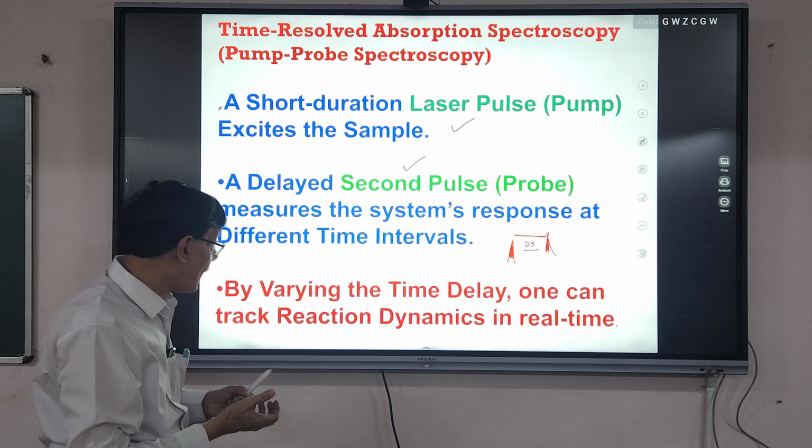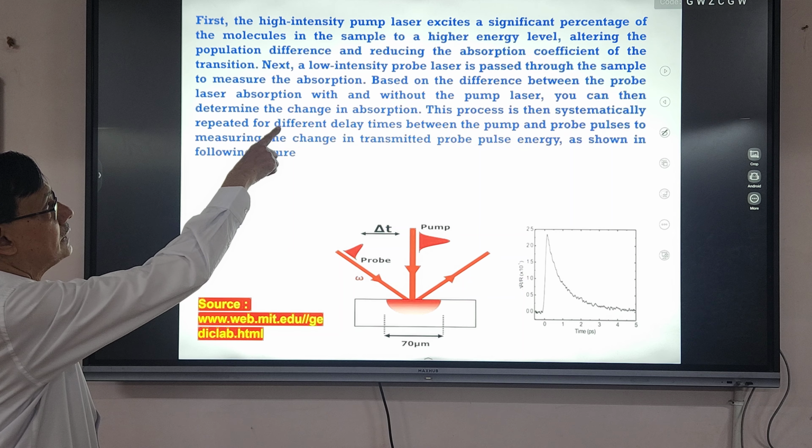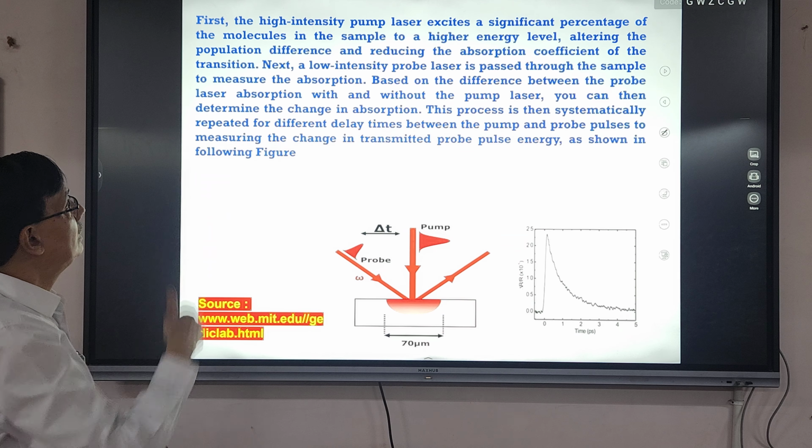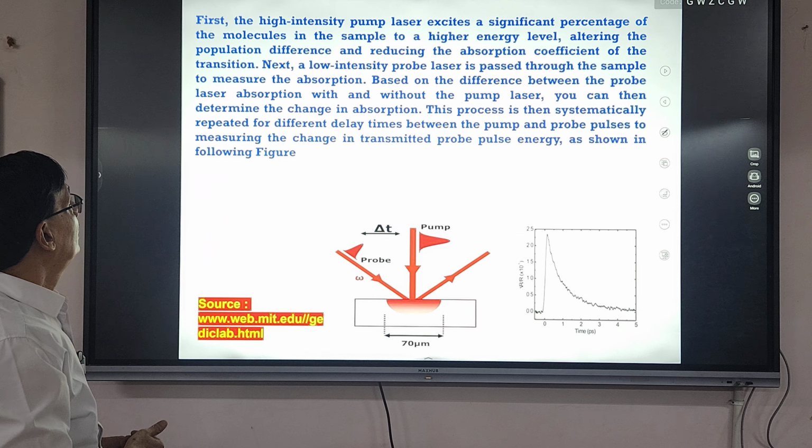I am taking these photographs from a research paper from MIT, one of the most important big universities in the United States. There are different types of pictures like that. First, the high intensity pump laser excites a significant percentage of the molecules to a higher energy level, altering the population difference. Next, a low intensity probe laser is passed through the sample to measure the absorption.